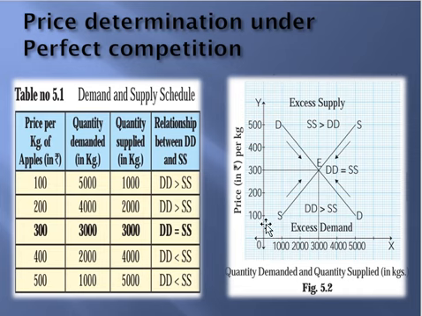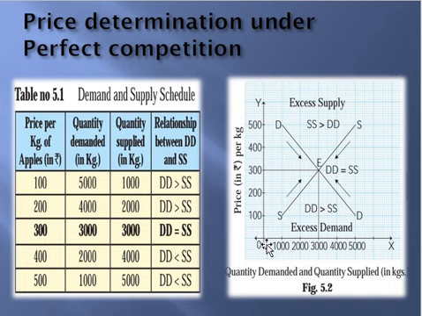Looking at it from the very beginning, the x-axis measures the quantity demanded and supplied in kgs, and the y-axis measures price in rupees per kg.